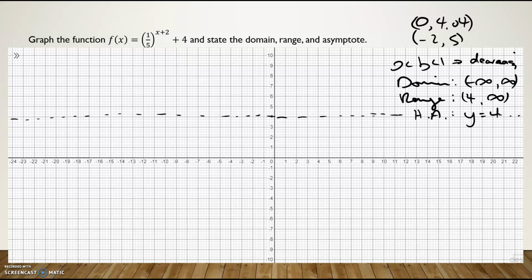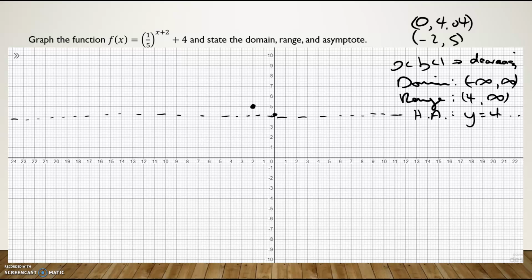We'll plot our 2 points, (0, 4.04). So that would be about, we'll say it's just a hair above this right here. And then (-2, 5) right here. Okay, now it's a decreasing function.